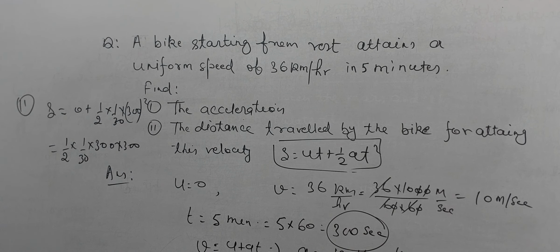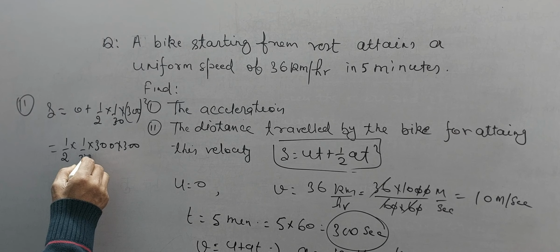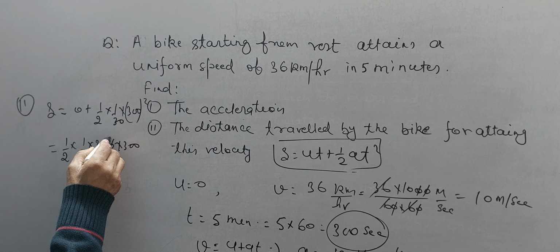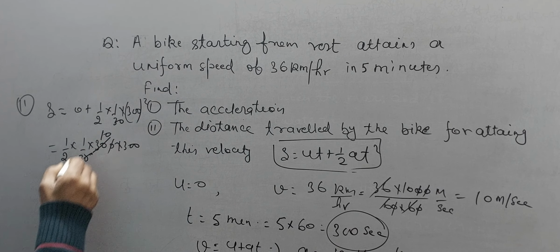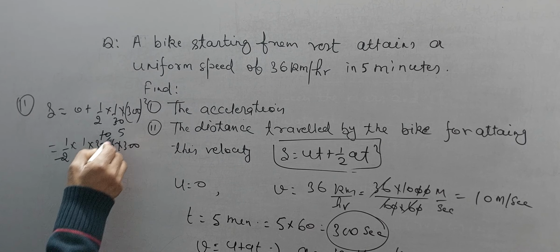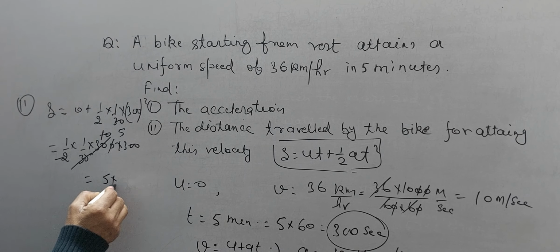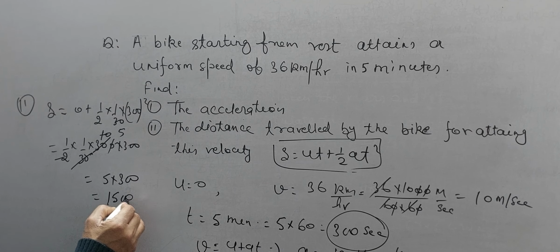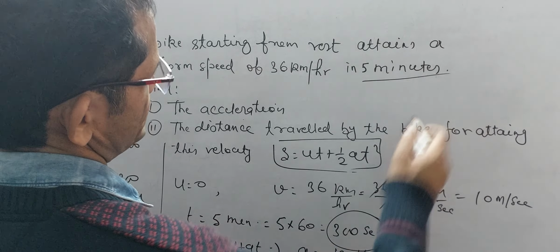Now it becomes, cancel out, 10 to 5 into 300, 1500. The distance traveled by the bike is 1500 meters in 5 minutes.